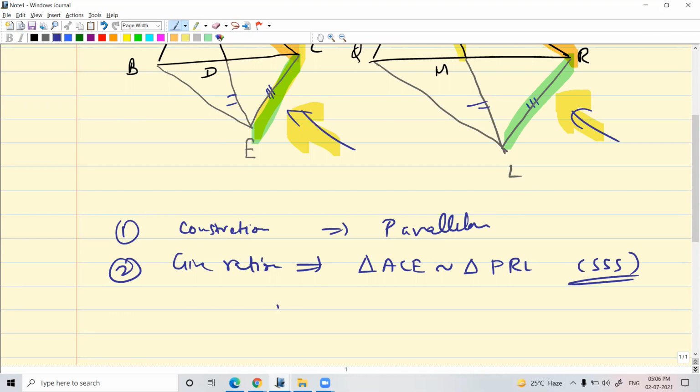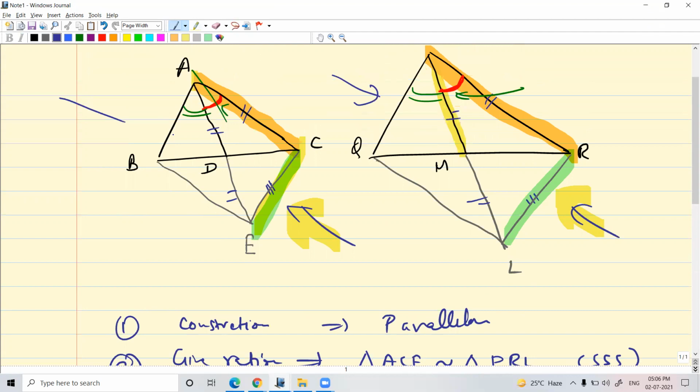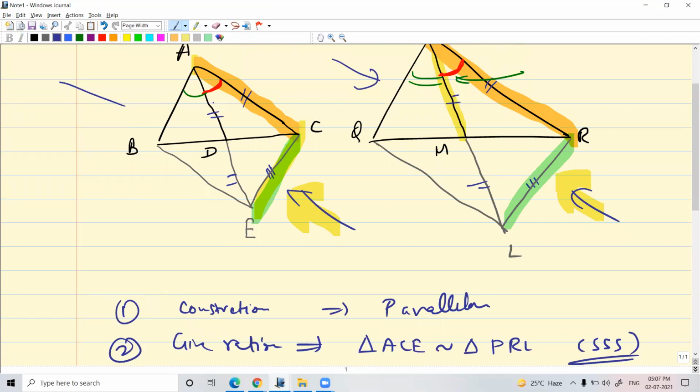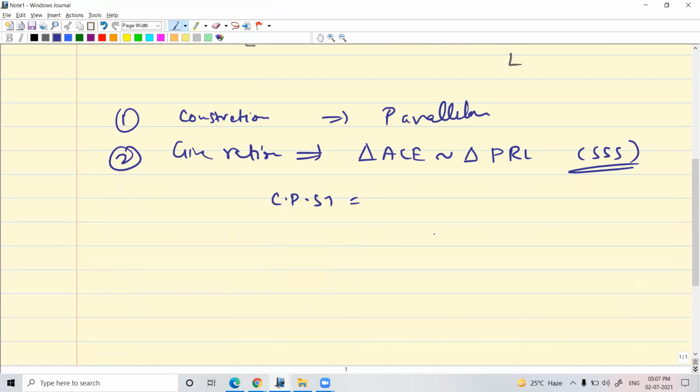And once that was done, by CPCT we got, let's give them some names, let's say this is angle 1, this is 2, this is angle 3, and this is angle 4. So we proved that angle 1 is equal to angle 3. And then the third step, just do similarly.